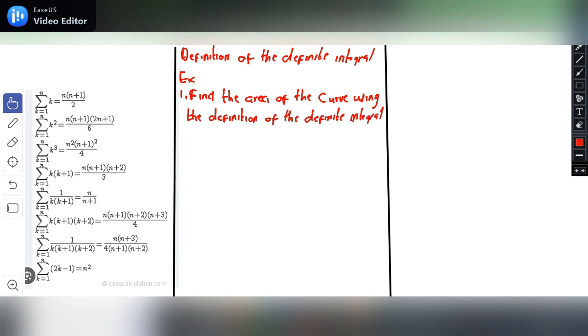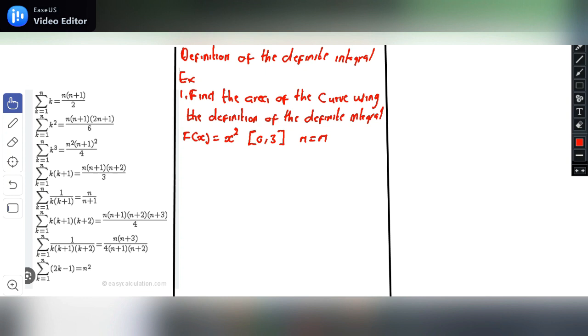Okay, while we are given let's say f of x is equals to x squared. We have the two bounds, which is 0 and 3, right? Then our n is equals to n, right? Or it's not given n.